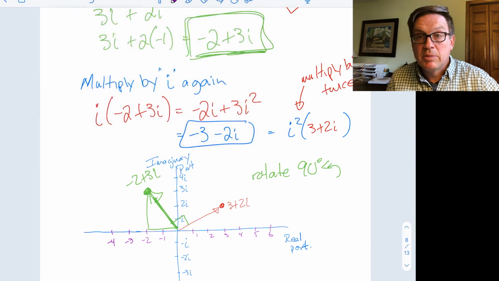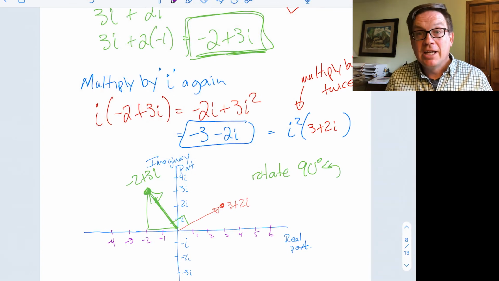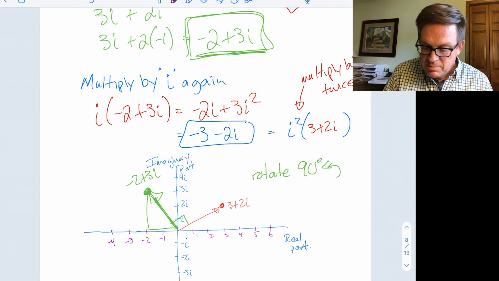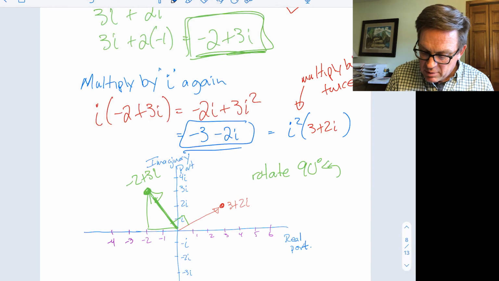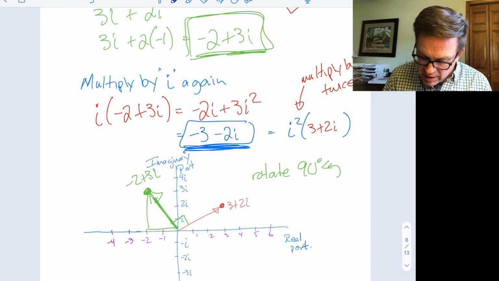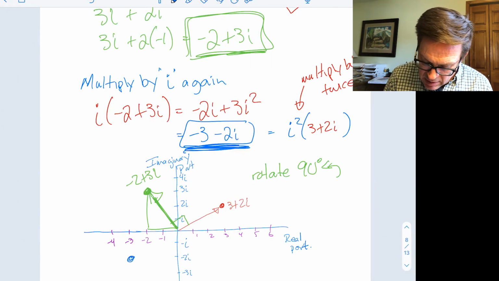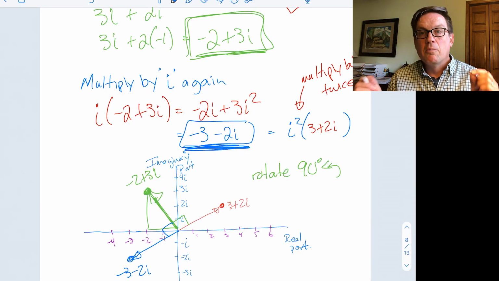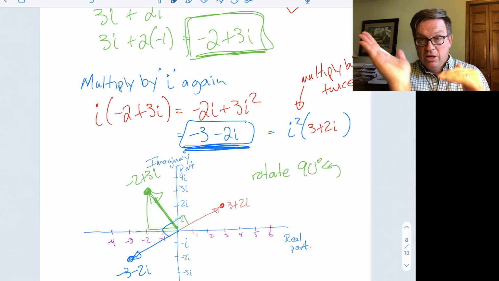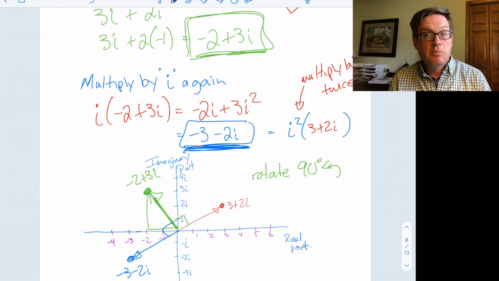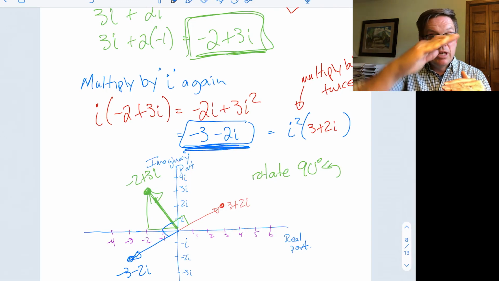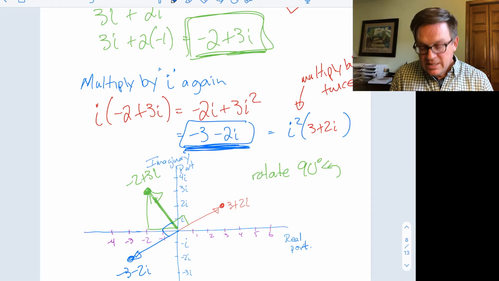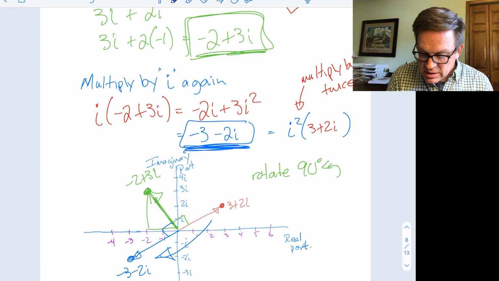What happens when I multiply by i again? I rotate again by 90 degrees. I end up, I'll do it in blue, at minus 3 minus 2i, down here. And I rotate again. So multiplying by i, you rotate 90 degrees. Multiplying by i twice, you rotate by 180 degrees, which ends up going in the negative direction.